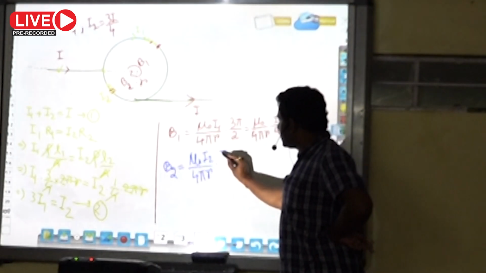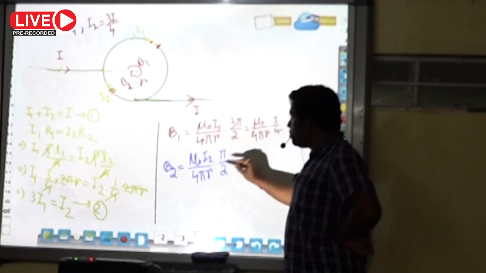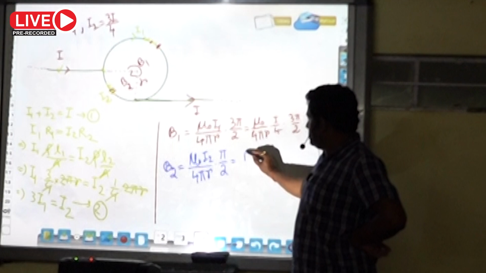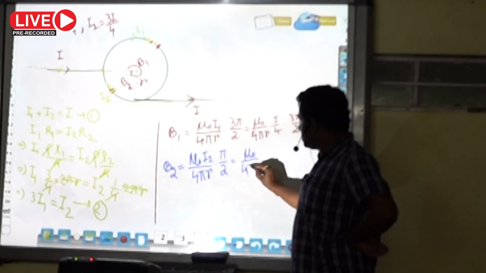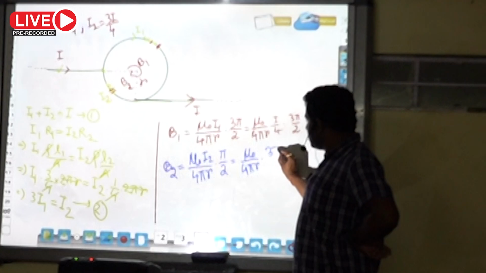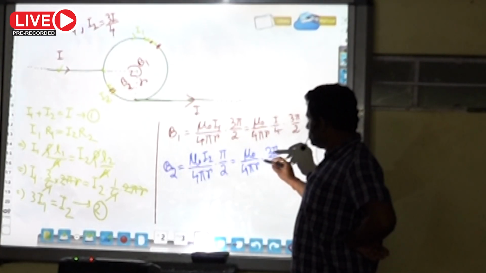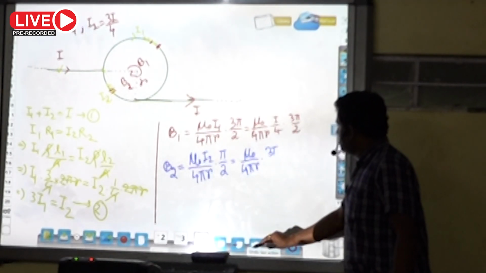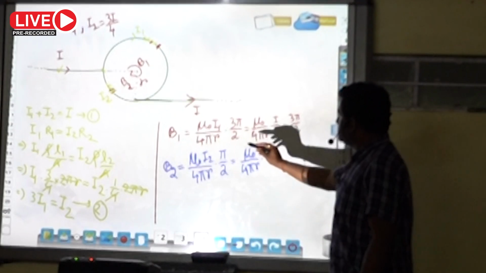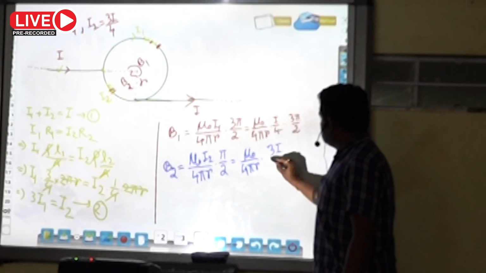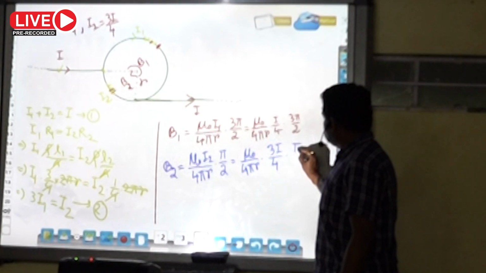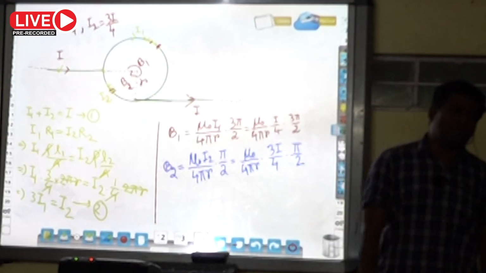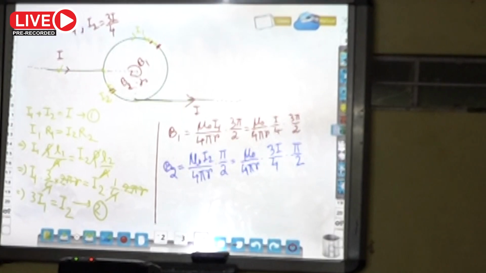This arc subtends an angle of only pi by 2. Now put the value of I2, which is 3I by 4, into pi by 2. Now check: B1 and B2 come out equal in magnitude.